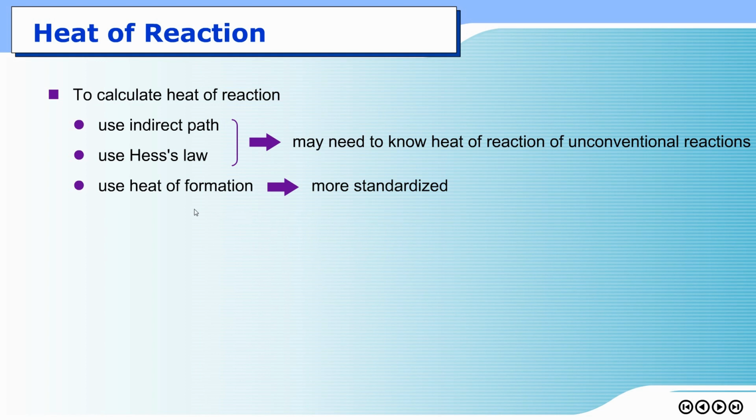It is more standardized and more preferred because the data are already available. The key is that if you use standard heat of formation, the reaction is limited to 25 degrees Celsius. So if you want to calculate the reaction at any other temperature, then you need to combine it with the calculation using an indirect path.